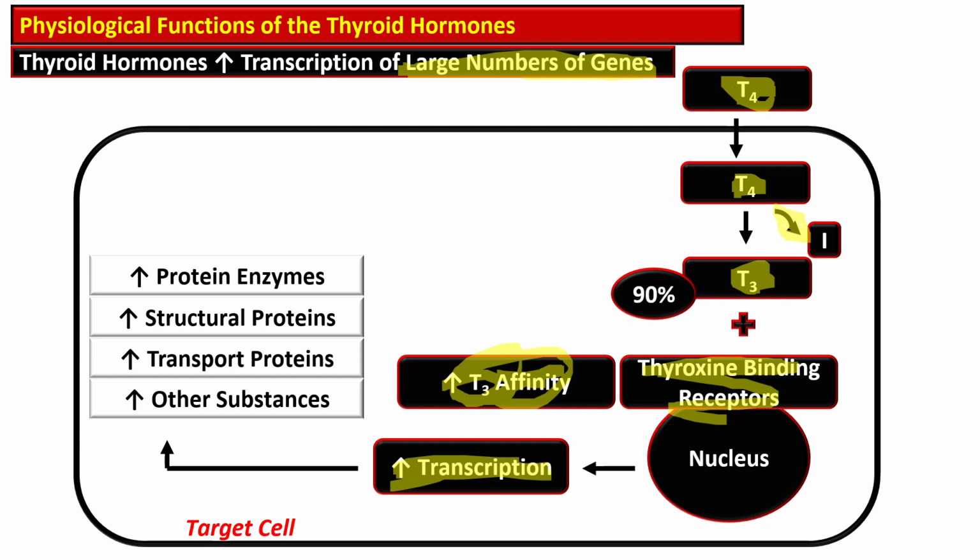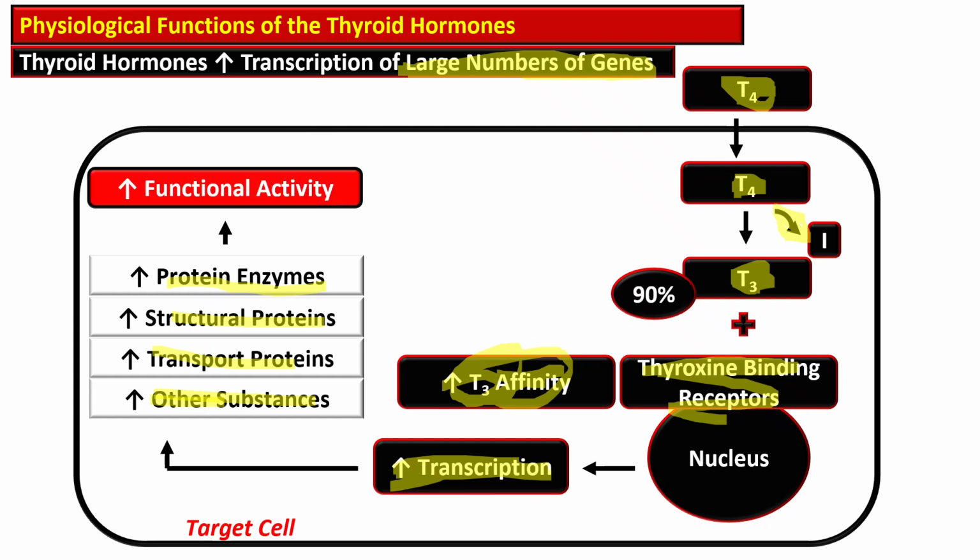These are increased protein enzymes, increased structural protein, increased transport protein, and increased formation of other substances. All of these activities result in the increased functional activity of the cell.